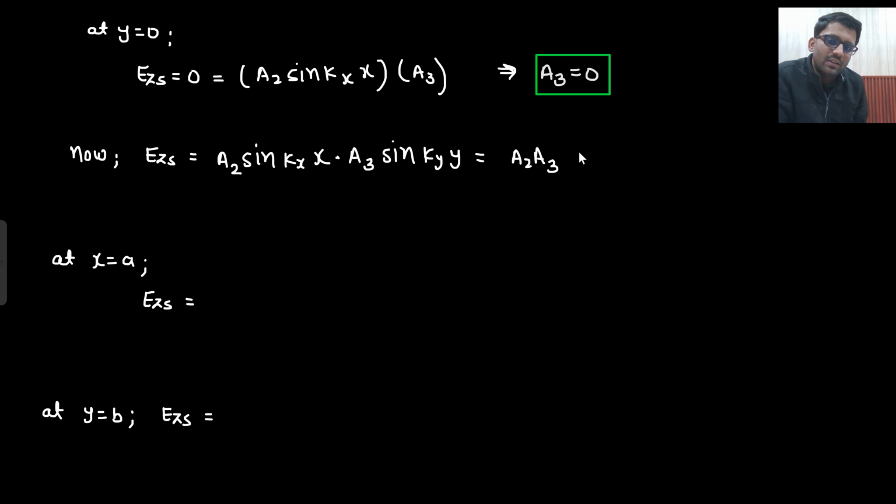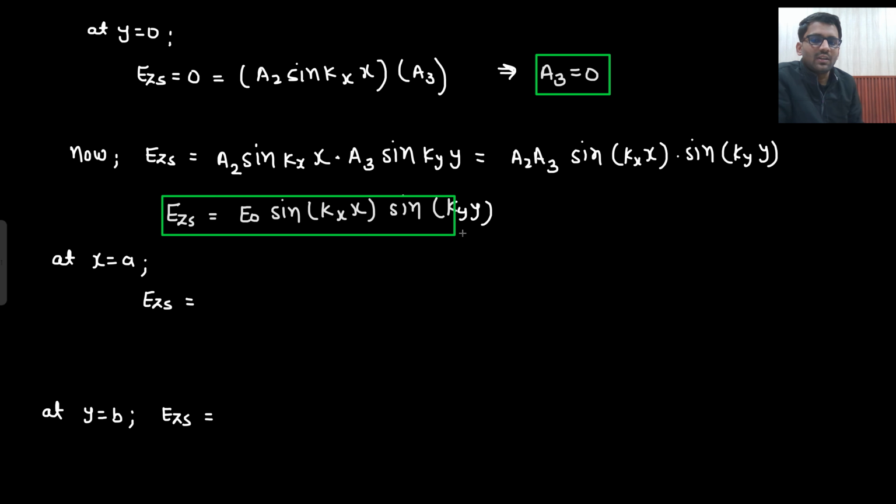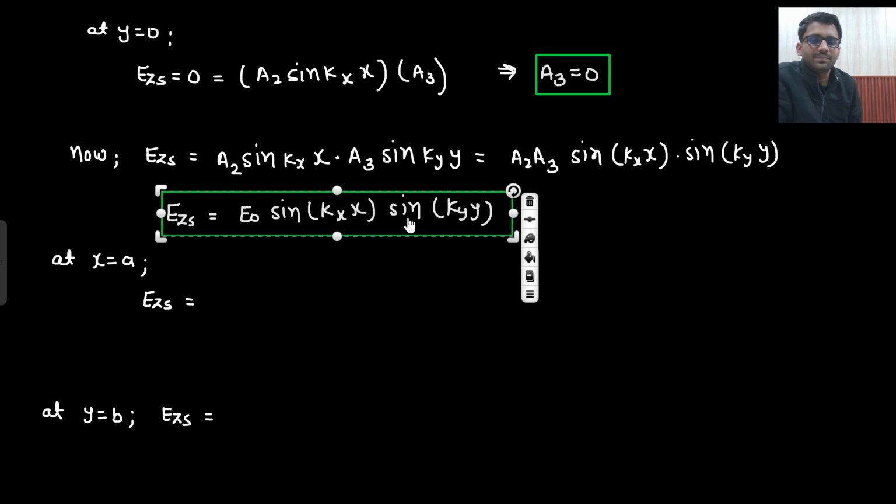A2 into A3 sin kx x into sin ky y. And what is A2 into A3? It is some constant. So Ezs I am writing as E naught sin kx x into sin ky y. So this I am writing as Ez. This is not the complete expression, but till now this expression we have got after applying two boundary conditions.